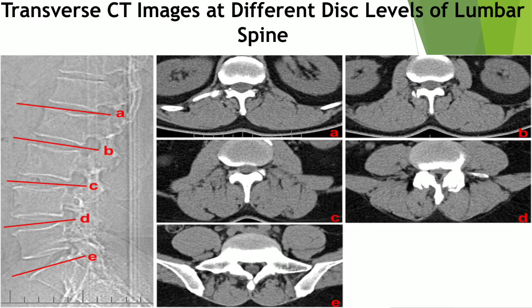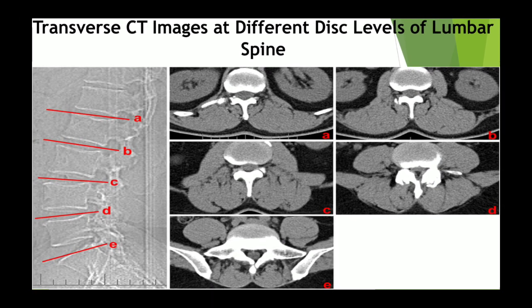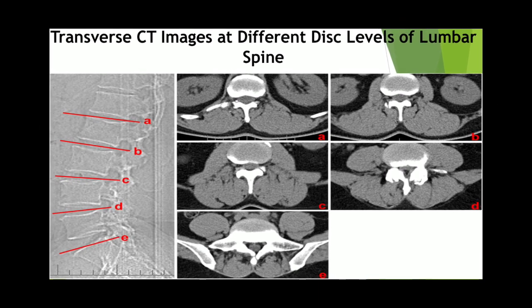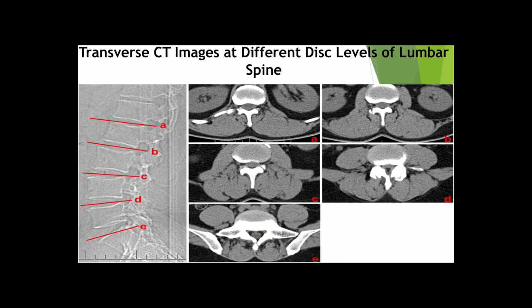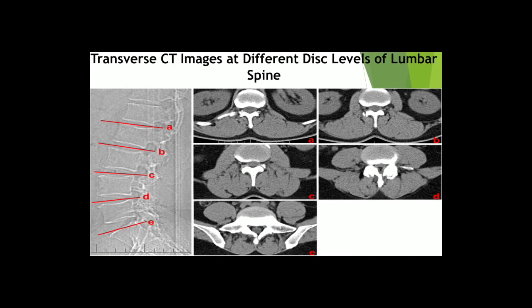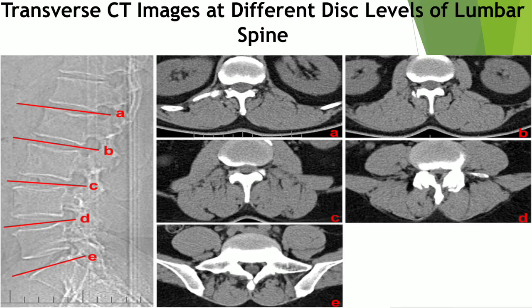Right here is an illustration of the transverse CT images, slices at the different disc levels. That is the lumbar vertebrae, the region where you have the CT examination done, and then you have the CT scan images right there at the different levels.